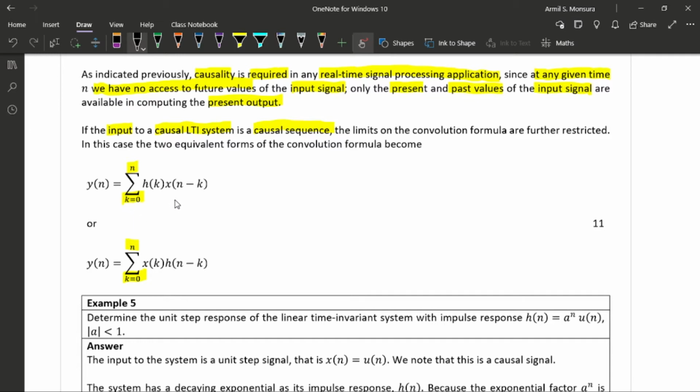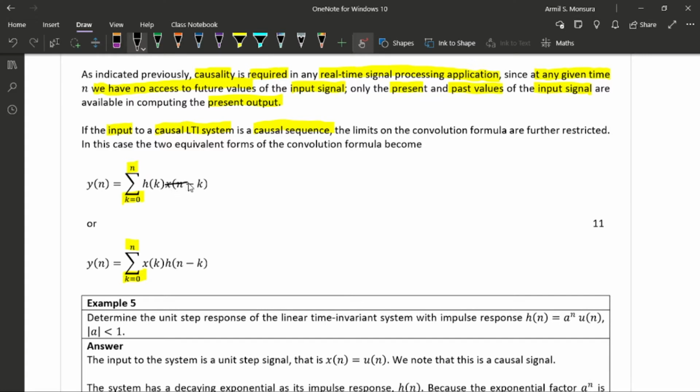Okay? And if we opt to have your input to be time reversed and shifted, then the product sequence would be 0.